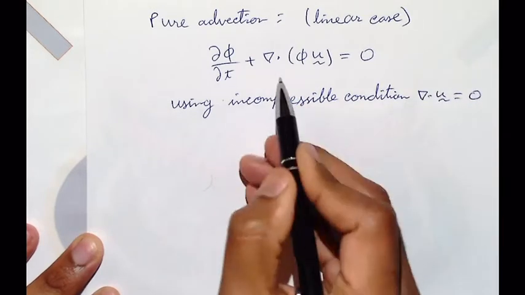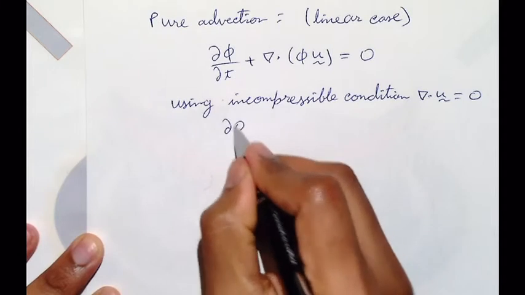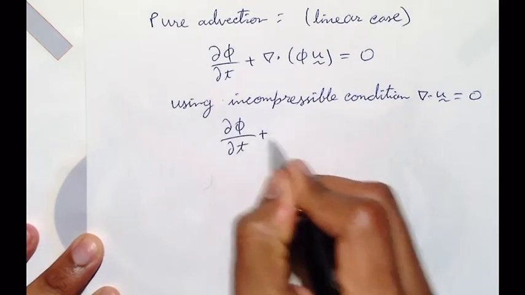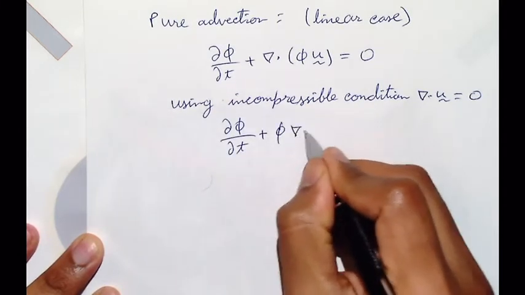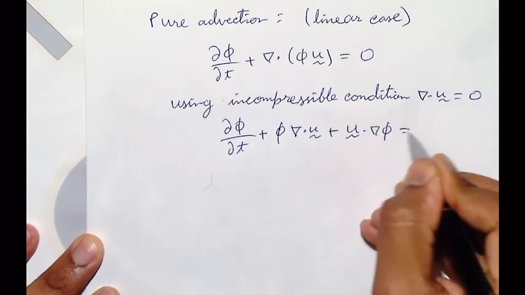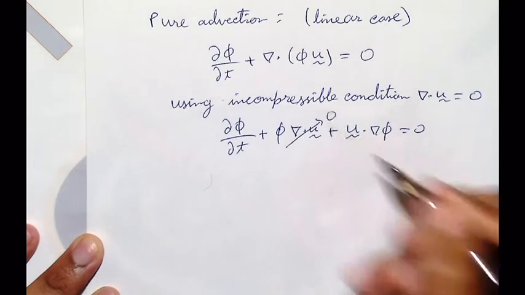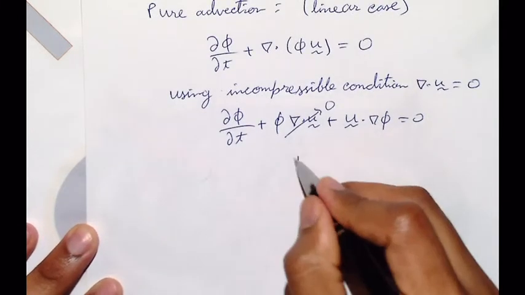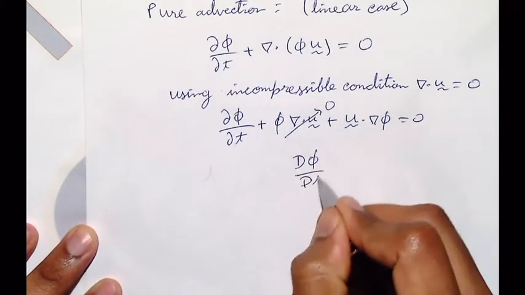So if I break this up, it becomes phi del dot u plus u dot del phi equals 0, and the first term we have said is 0. Then what we get is d phi over dt equals 0.